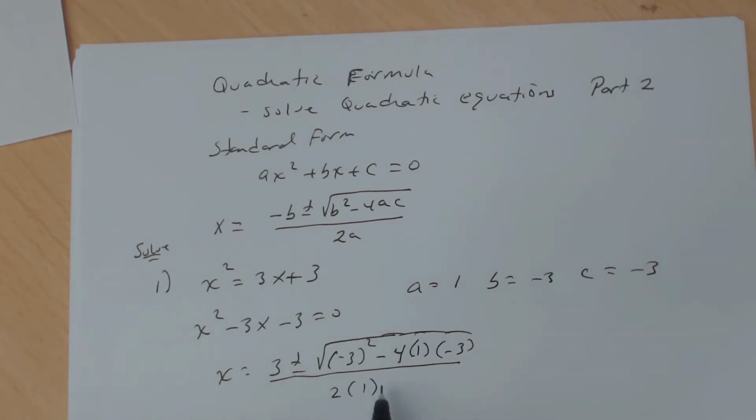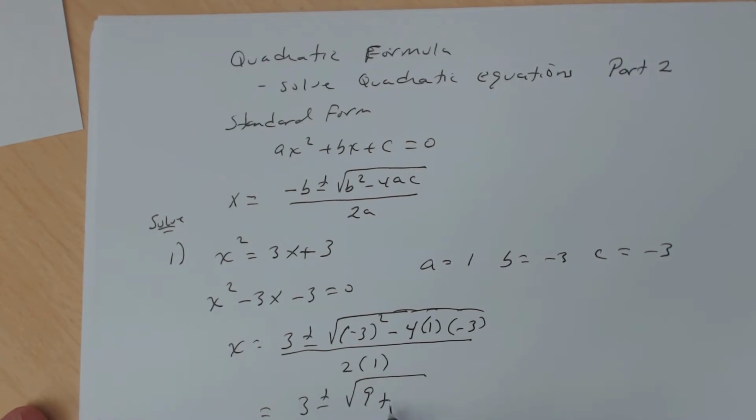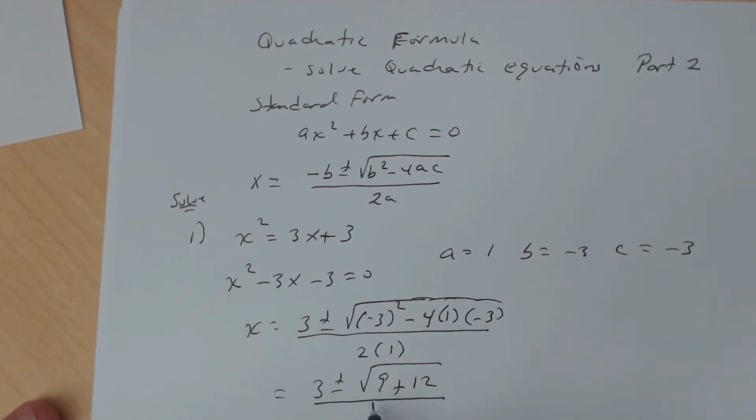Now let's simplify as much as possible in the radicand. So I get 3 plus or minus the square root of negative 3 squared, which is a positive 9. A negative times a positive times a negative is a positive, so I get 9 plus 4 times 1 times 3, which is 12, all over 2 times 1, which is 2.